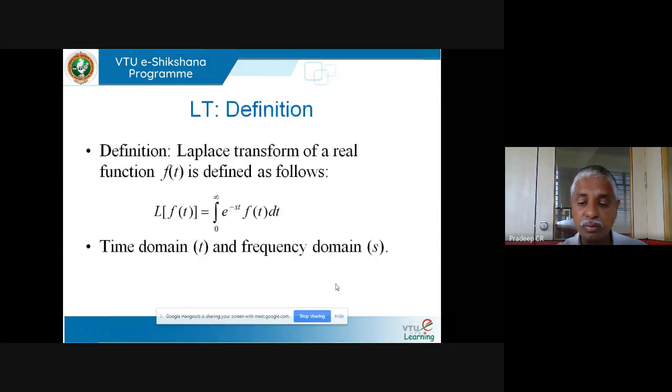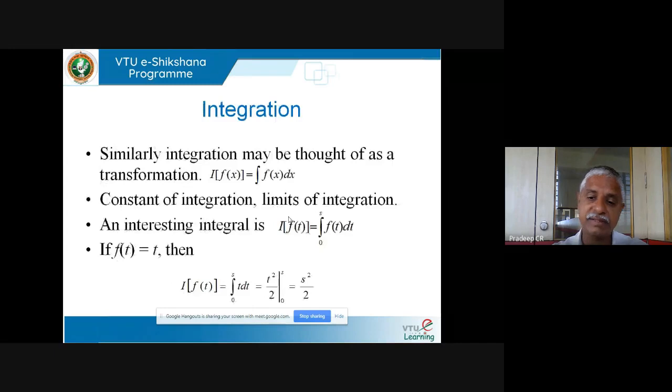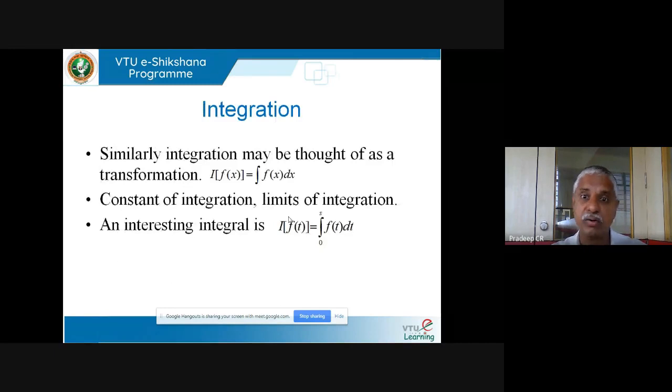Now, I hope you understand the language: integral is a linear transformation. We are seeing two linear transformations till now. One is differentiation, another is integration as defined here. Here, I of f of t is the integral of f of t dt from 0 to s.